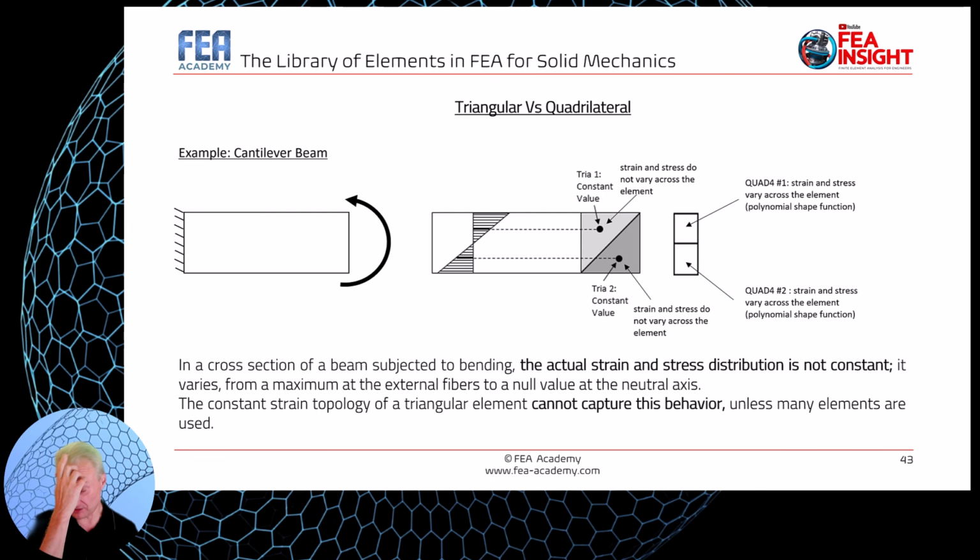It is the key point here in this demonstration. In other words, do not use the triangular element to capture a bending effect, or only in transition regions far from the region of interest.